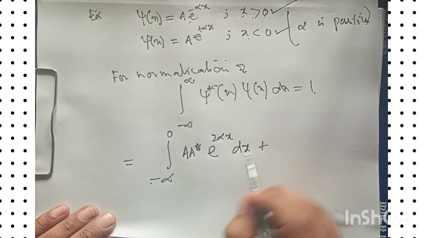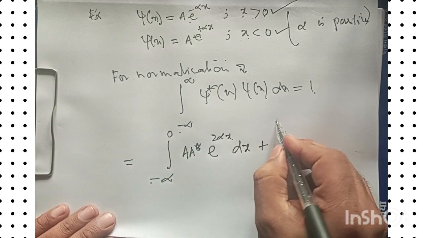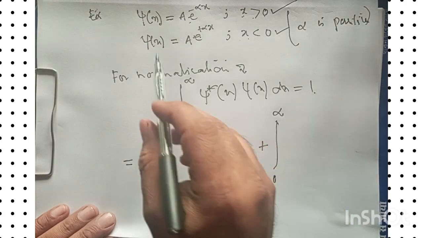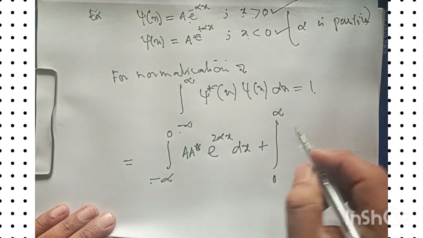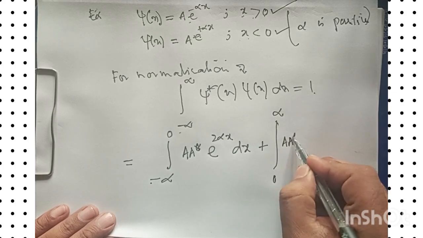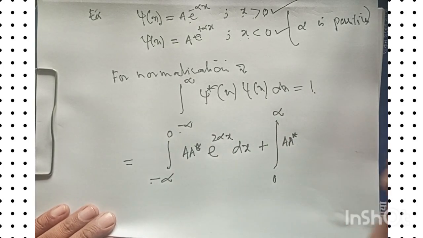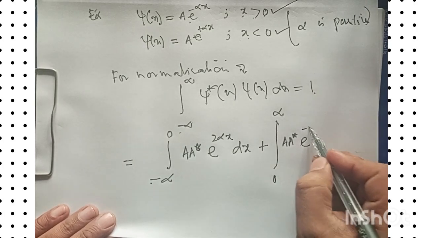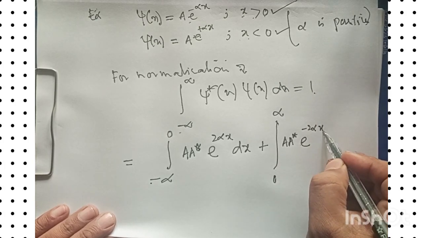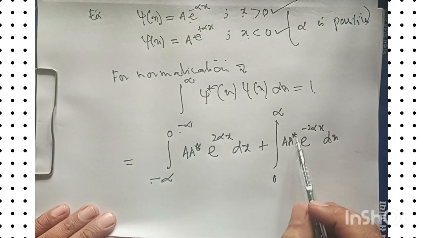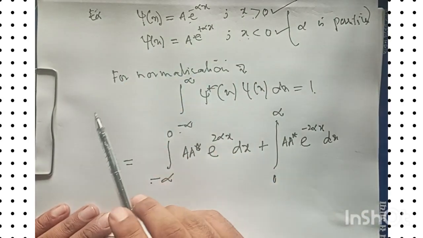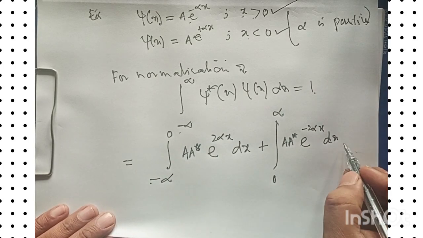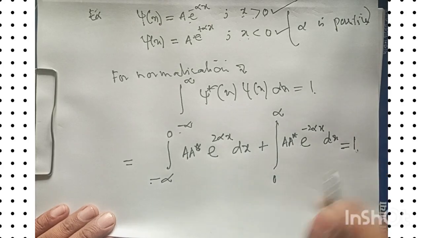The other part starts from 0 and moves to infinity for x greater than 0, with the multiplication of a and a star, which is ultimately a real number, and then e to the power of minus 2 alpha x dx, because the powers are added. This must be equal to 1.